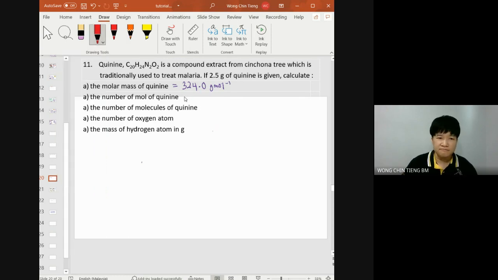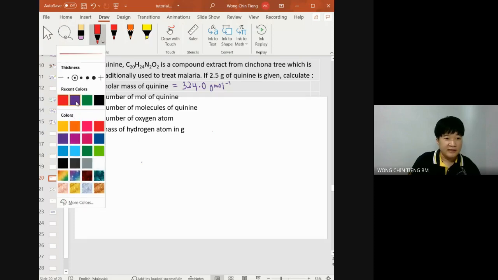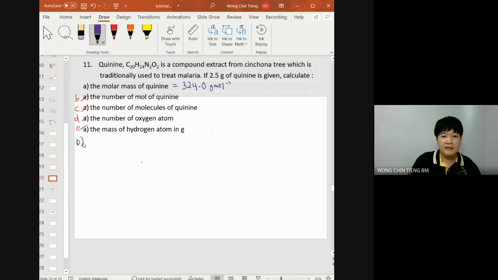Number of mole pun nak tunjuk boleh lah. Sampai soalan E ya. B kita tunjuk sikit lah. So right now I only have 2.5 gram. Question asking for number of mole. So the trick over here adalah soalan bagi dalam mass, soalan tanya mole. We have molar mass as the first question. So 1 mole of quinine C20H24N2O2 is 324.0 gram.